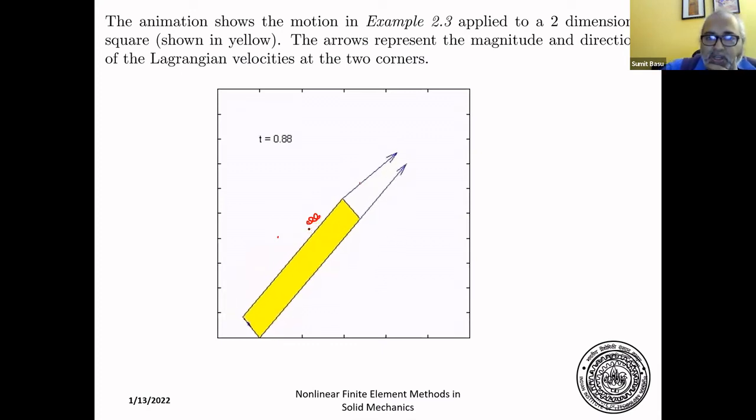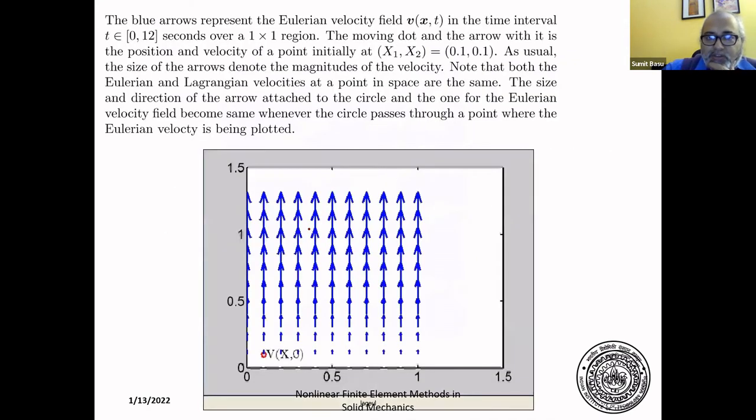Okay, so what I have done here is I have plotted the blue arrows. I hope this will play. Let me see if this plays. Oh, okay, this doesn't play.